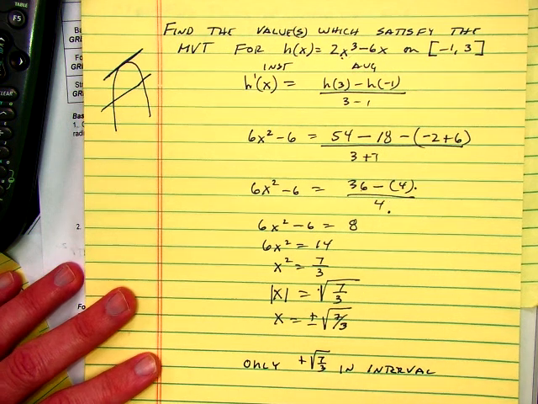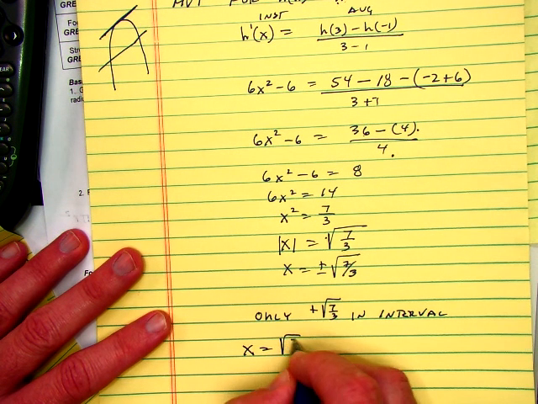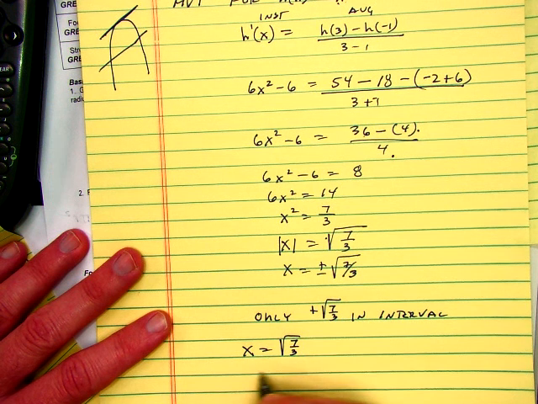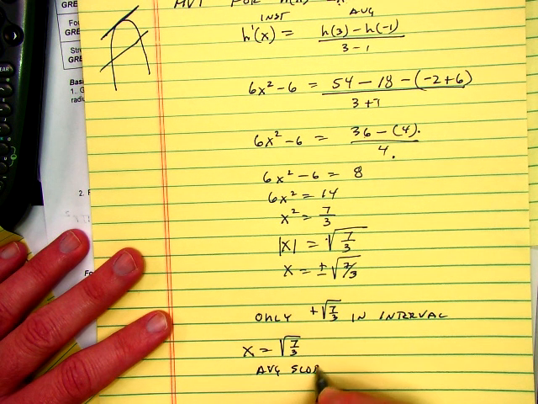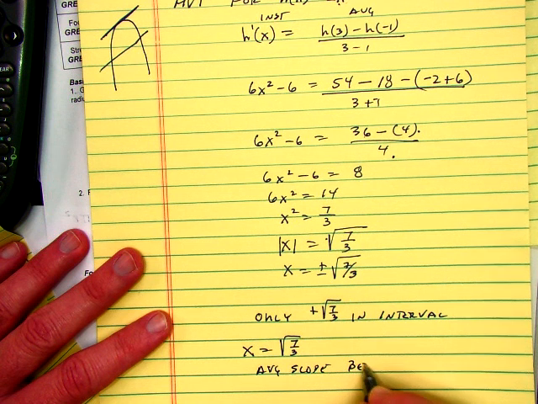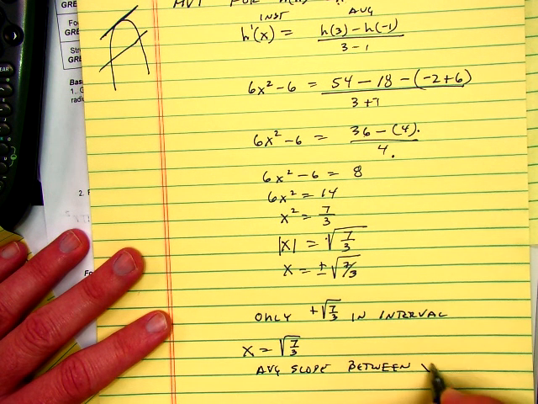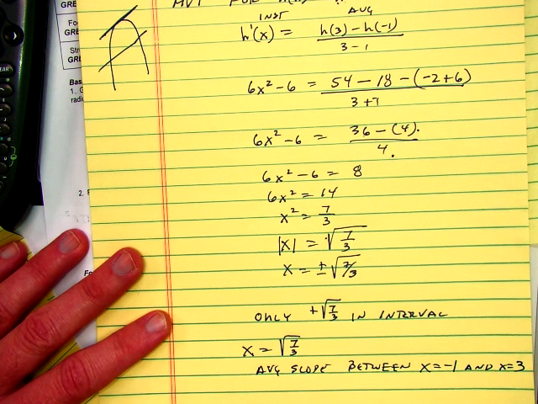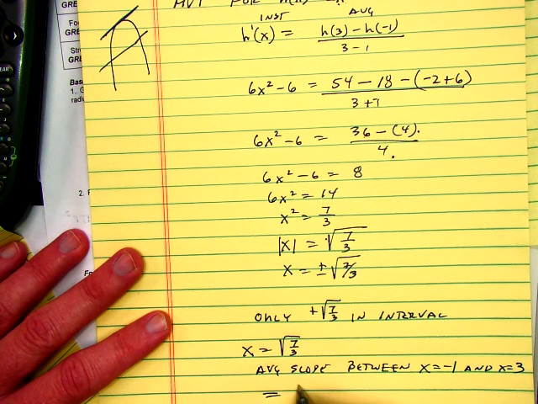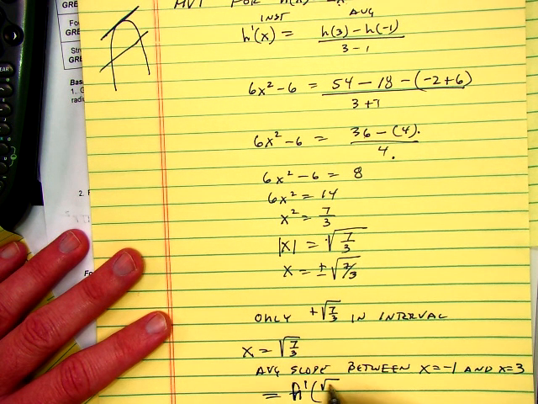Okay, and what this means is at x equal to root 7 over 3, the average slope between x equals negative 1 and x equals 3 is equal to h prime at that value.